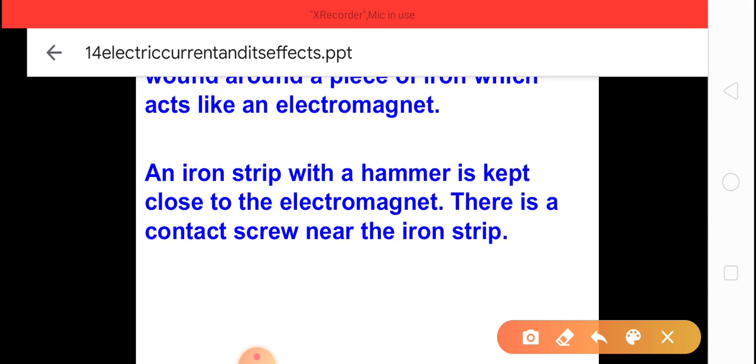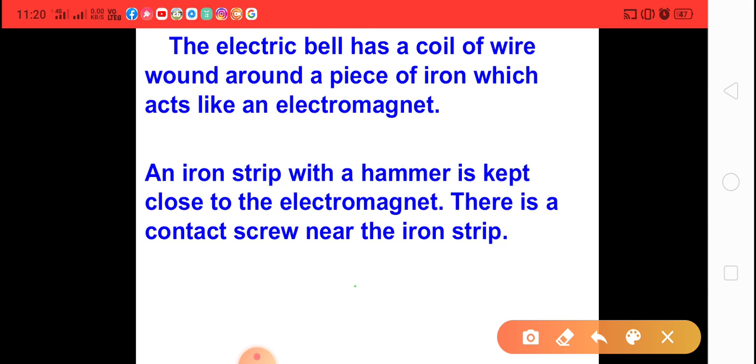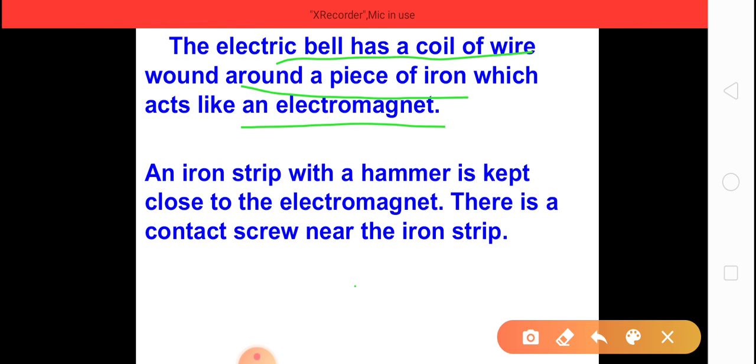So as you see on your screen, the electric bell has a coil of wire wound around a piece of iron which acts as an electromagnet. Okay, electric bell, that is coil of wire and a piece of iron that behaves like the electromagnet that we have seen in the previous slide. So an iron strip with hammer is kept close to the electromagnet.